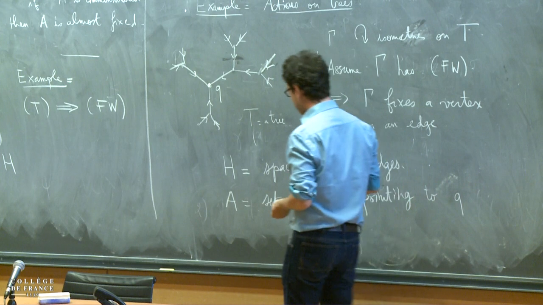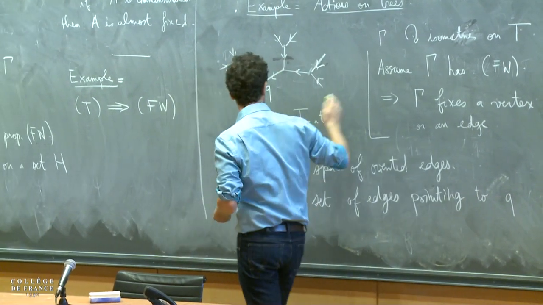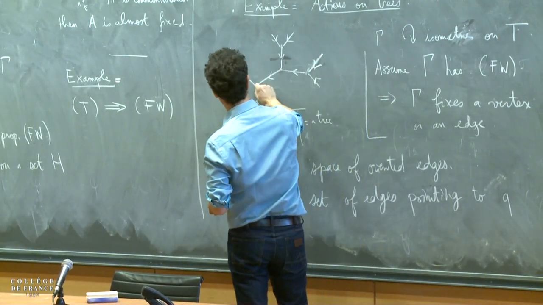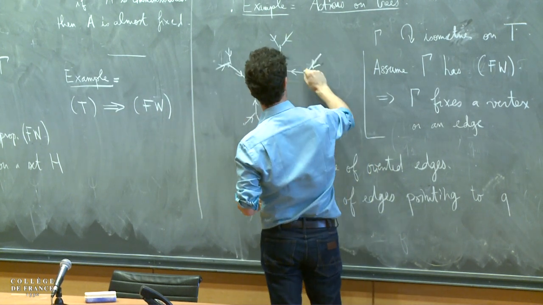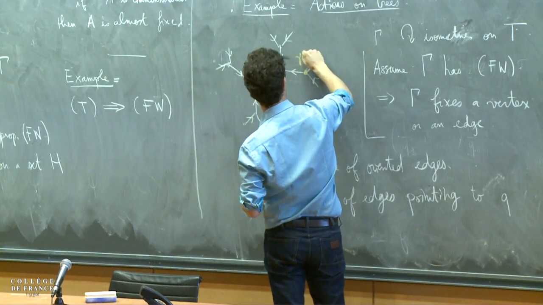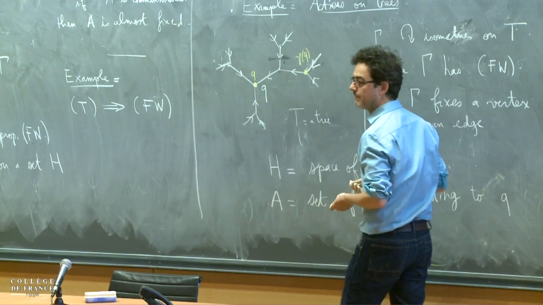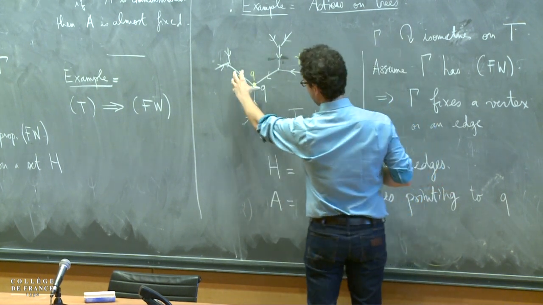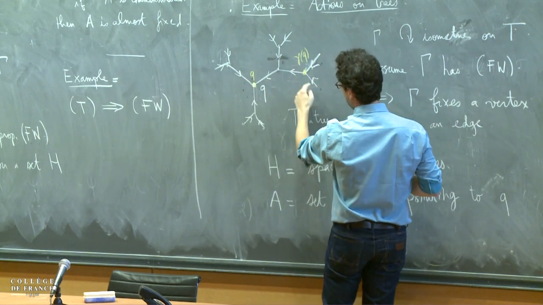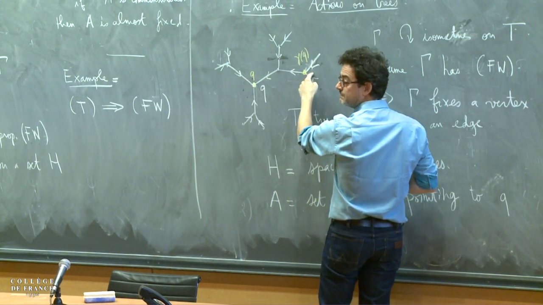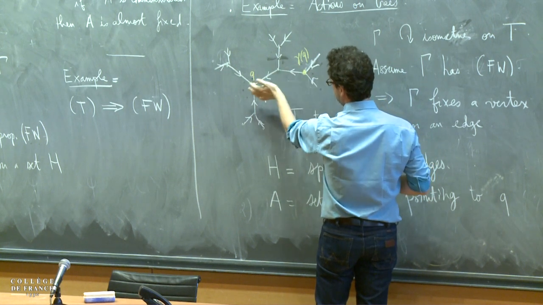Now you take an element in your group gamma. It takes the point Q, and you take gamma of Q. Let's say gamma of Q is here. Now the set of edges pointing toward Q is moved to the set of edges pointing toward gamma of Q, and the difference between the two sets is finite.